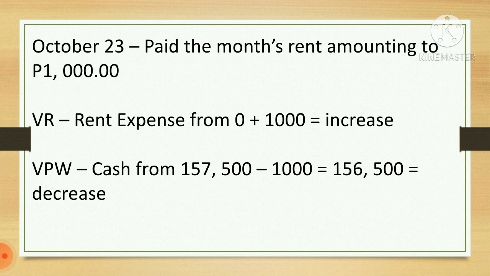Again, analyze, why are you going to deduct the 1,000? Of course, because you are the one who paid the month's rent. You have taken it out from your cash. Therefore, what happened to your cash? Did it increase or decrease? It decreased.